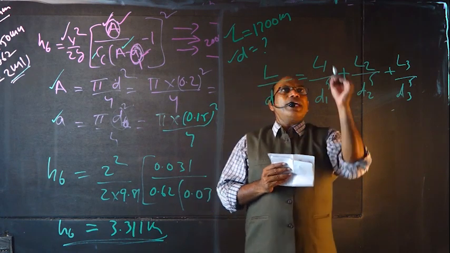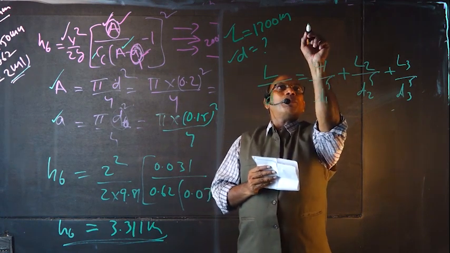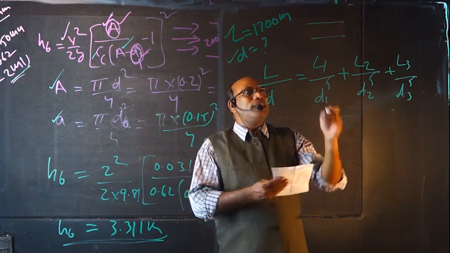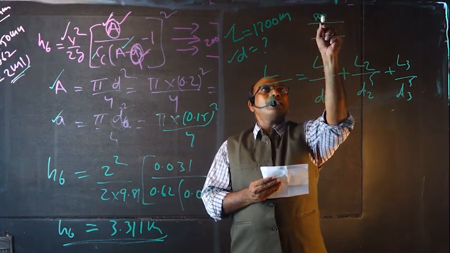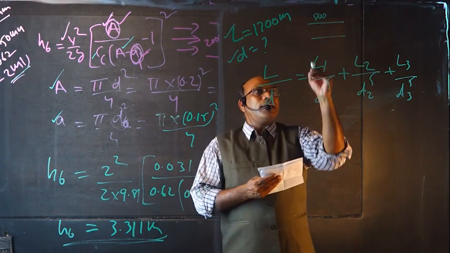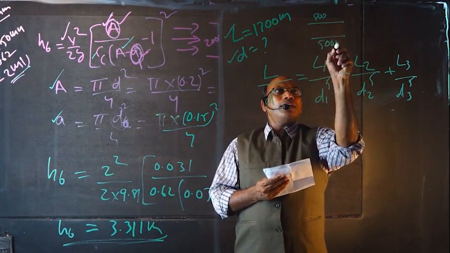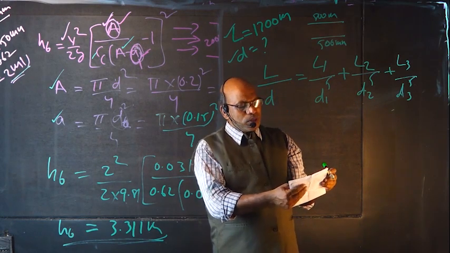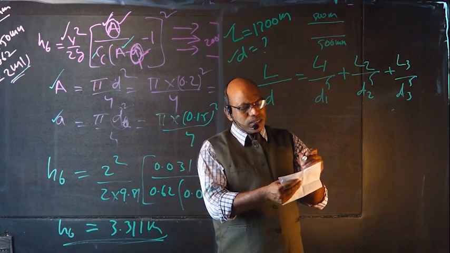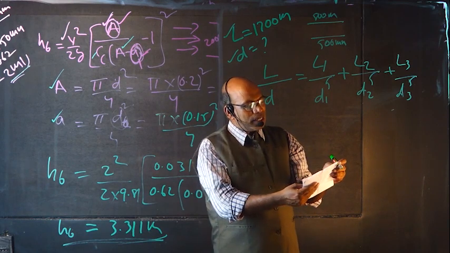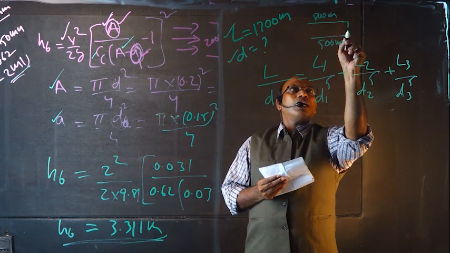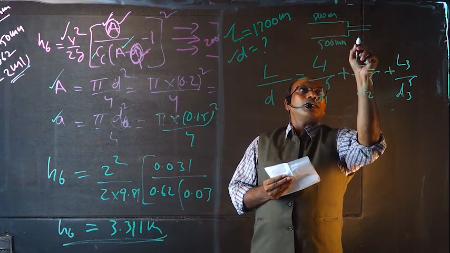Right. So here one pipe of length 800 meters and diameter 500 mm. And another pipe, length 500 meters and diameter 400 mm.